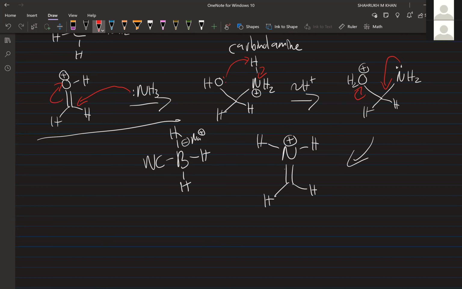Okay, cool. Next thing: usually at this step, a base or water comes in and deprotonates it, and you get your final amine. But the only difference here is, similar to LAH and borohydride, remember these are all delivery agents of H minus.